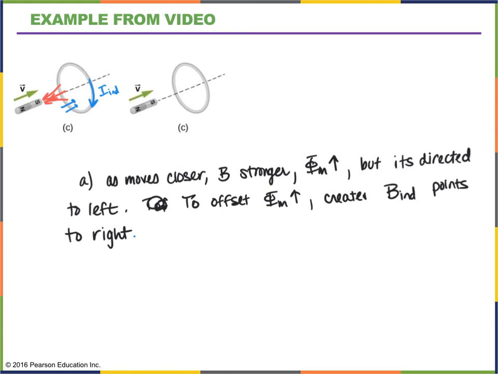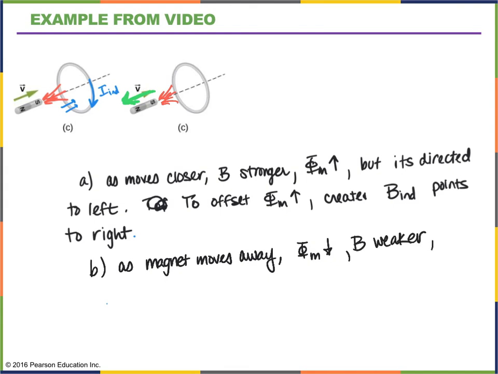You might notice that if we go back to the previous slide, the current is opposite from the one that we got from our South Pole. And finally, I don't have a picture, but what if we move it away? We should also see that the current's going to change direction as we move away. The flux is going to go down because the magnetic field is weaker.